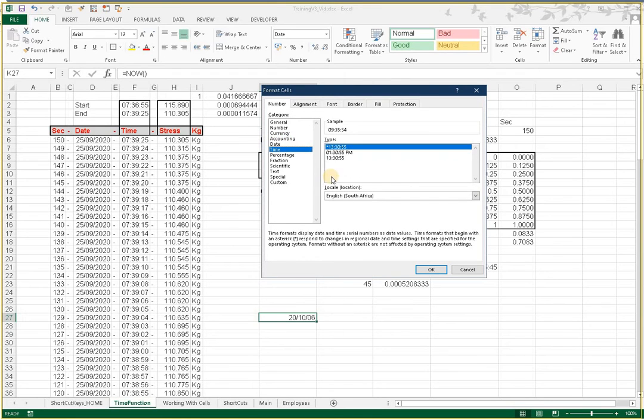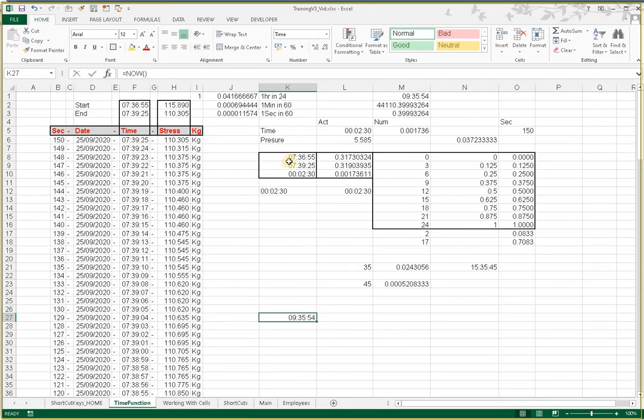And that's what I've done here at the top. It is now formatted only as the time. The number behind it suggests that it is a number because it's on the right of the cell. If it was a text or a character field, it would be on the left of the field.